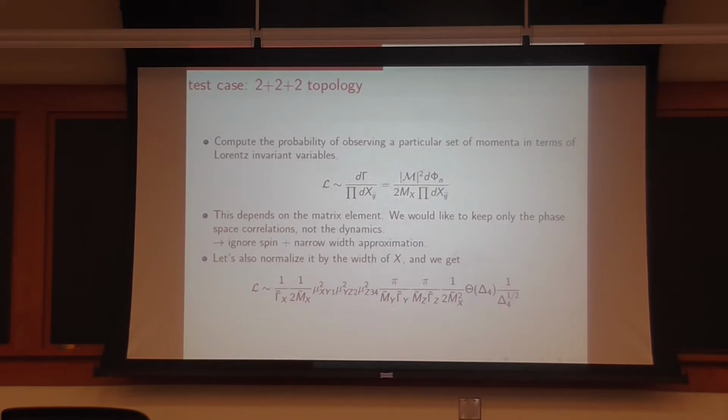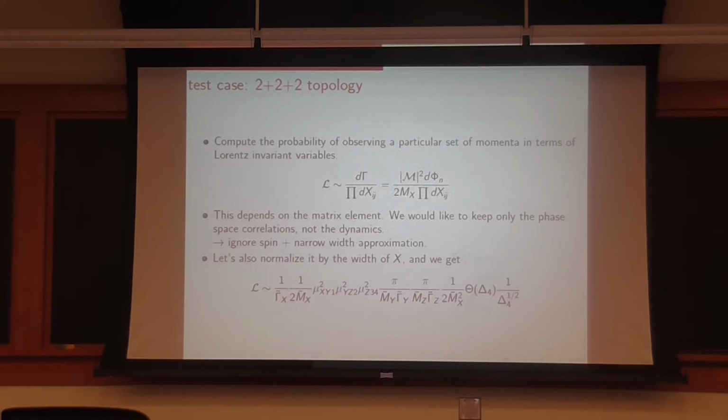So you can add 1 over gamma on it. And also, we are just dealing with scalars, and we do everything in the narrow-width approximation. So then the only thing that you get in m squared is just coupling squares, and then propagators, scalar propagators, which become pi over m gamma.